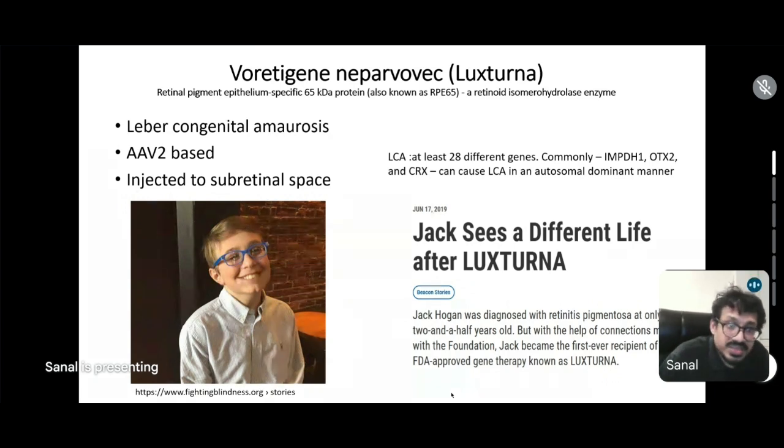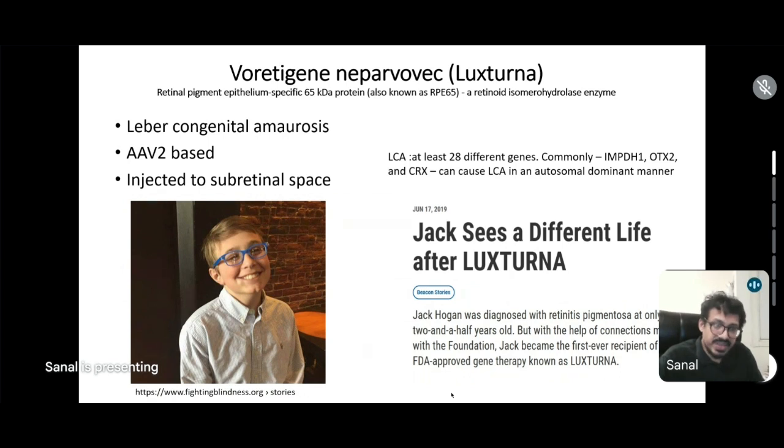And one of the biggest successes in gene therapy is the treatment for Leber's congenital amaurosis. This is a disease which causes blindness. This was again an AAV2 based gene therapy.